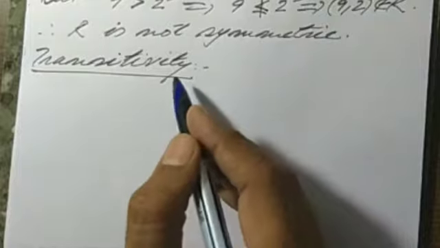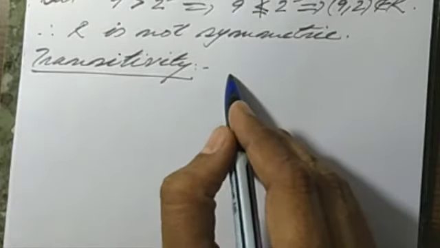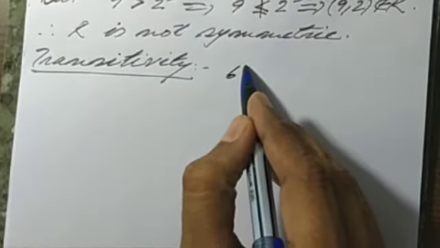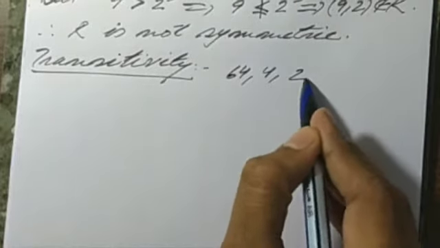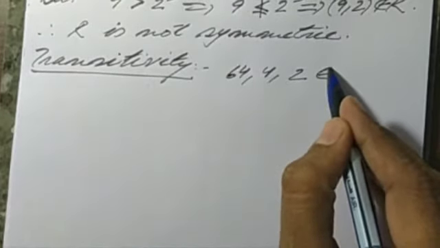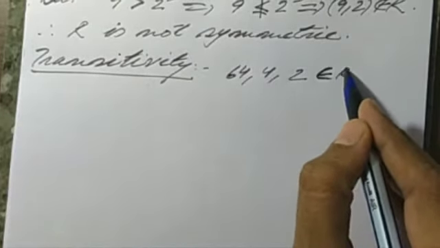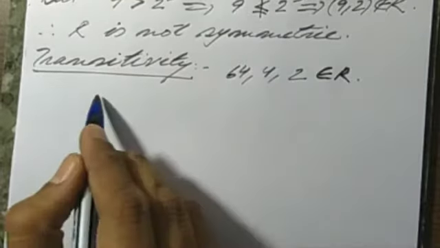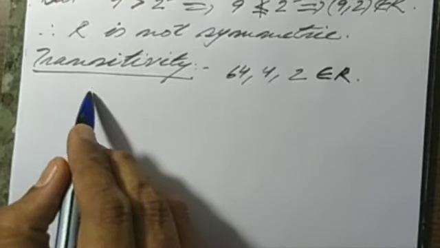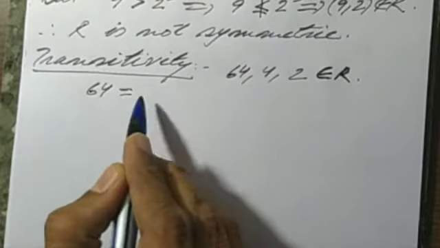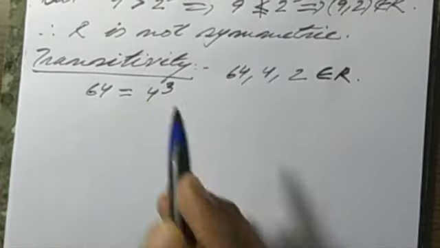Now let us talk about transitivity of the relation. So let us take three real numbers as 64, 4 and 2. All the three are real numbers, and obviously 64 is equal to 4 cube.